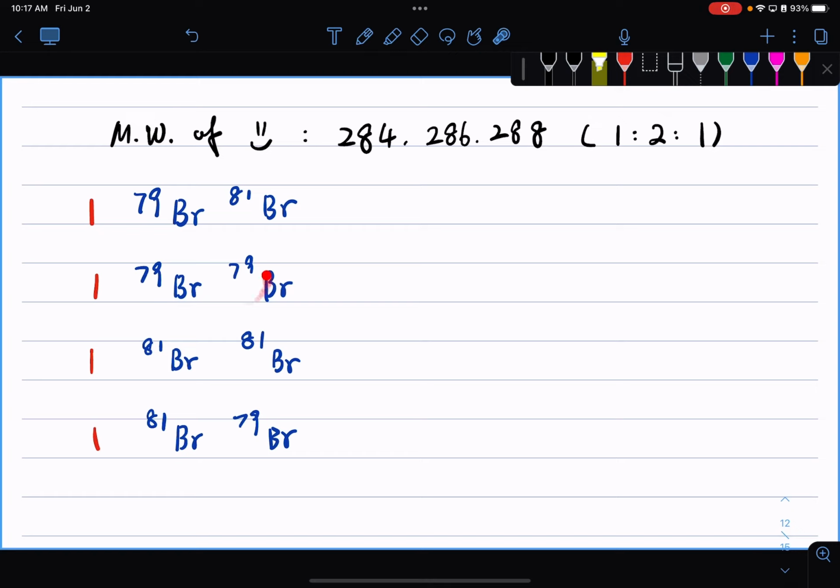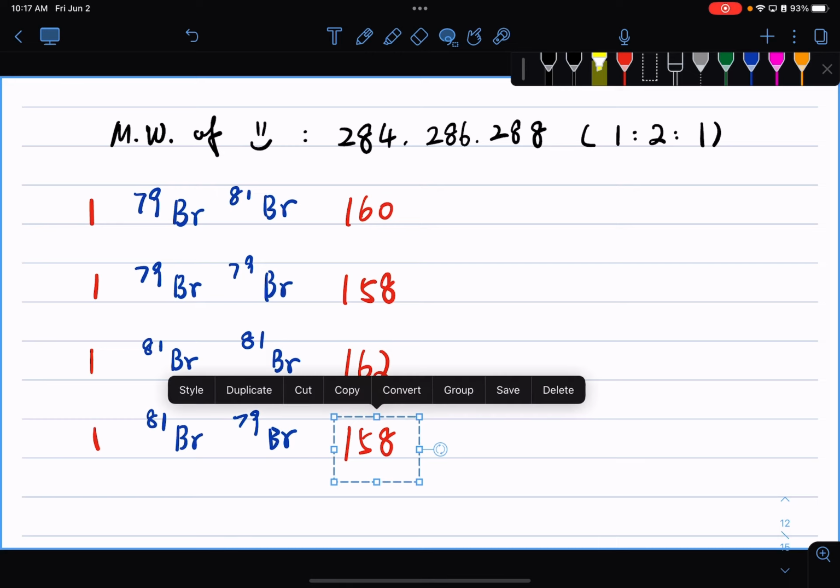So now let's look at these percentages. The 79-79 gives you 158. 79-81 gives you 160. 81-81 gives you 162. 81-79 gives you 160.